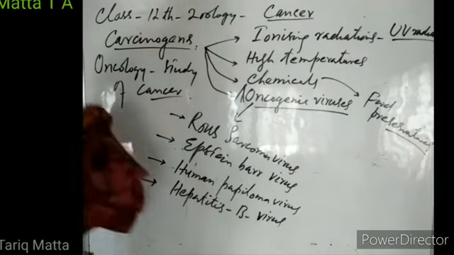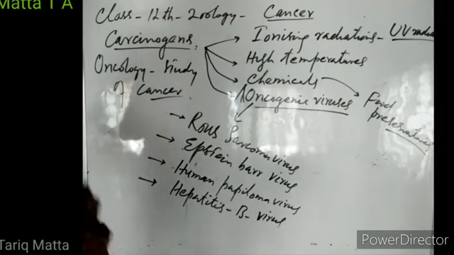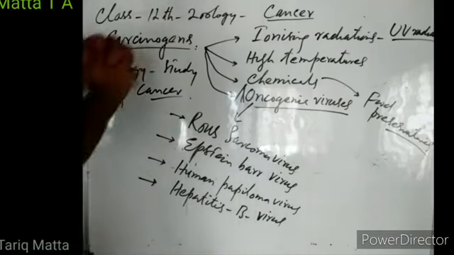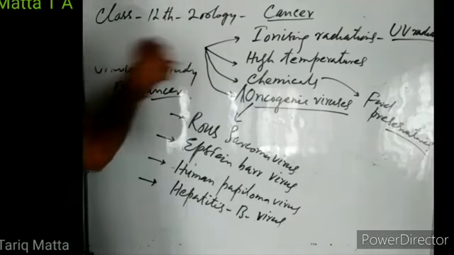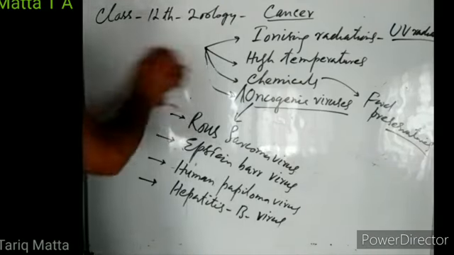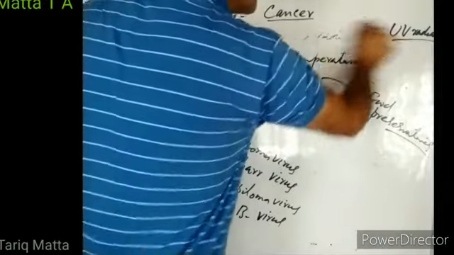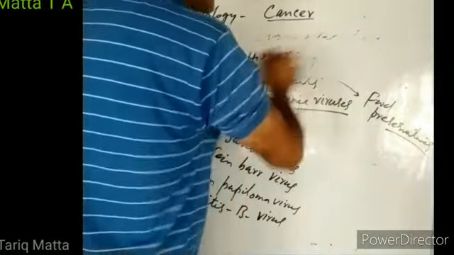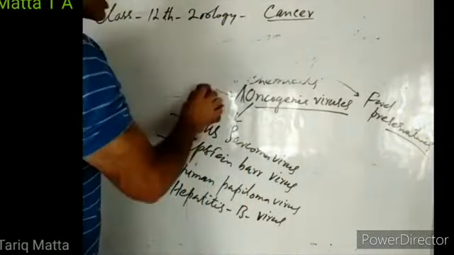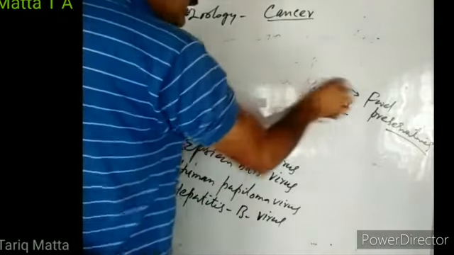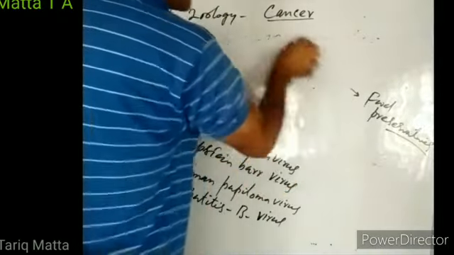So how do these things cause cancers, how do they affect our body cells to become a cancer cell? So we'll see the underlying mechanism. Some of these substances may act epigenetically, and some of them may directly act on our genetic material.